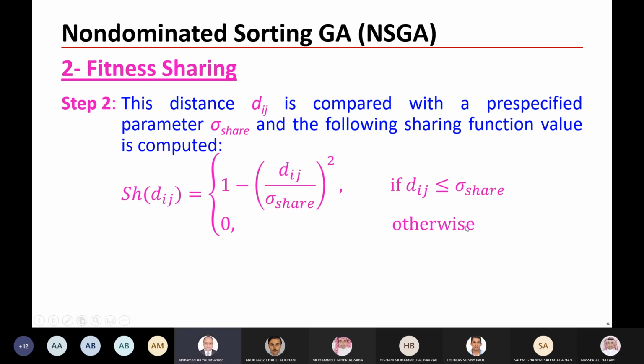Zero otherwise. If it is outside sigma share, if d_ij is greater than sigma share, outside the neighborhood, sharing equals 0.